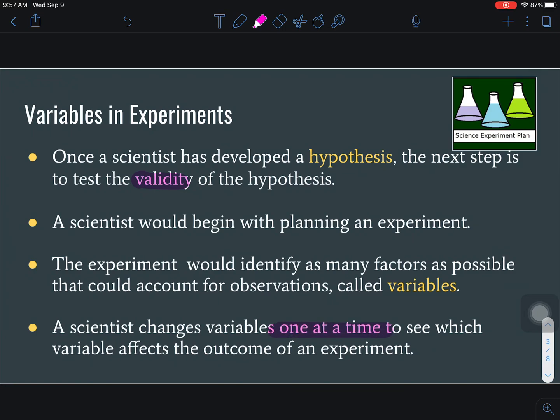I kind of skipped a step on you, and I apologize, but we only want to change one thing at a time. We want to try to identify as many factors as possible that could cause a change or an observation, and we call that a variable. Those are the things that are either changed or measured in a given experiment.